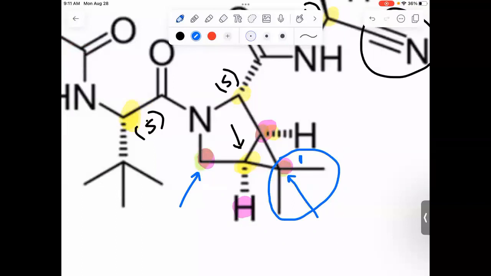When we compare these two, one is going to be 2, one is going to be 3. If we look at this carbon here, the next atom bonded to it is nitrogen. On the other side, the next atom bonded is a carbon, right? So this carbon right here is going to be 2, and then this one will be by default 3.